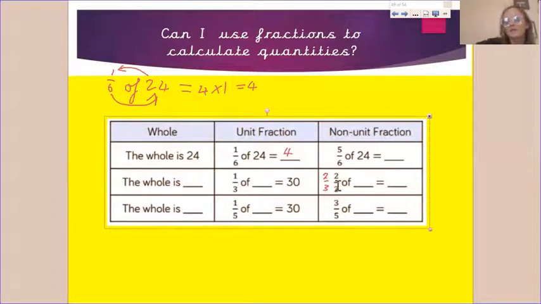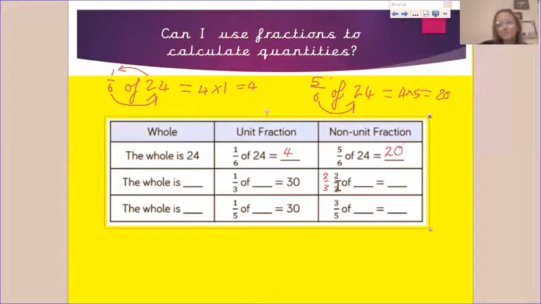Now 5/6 of 24, we could go 24 divided by 6, which we know is 4, and then we can times that by 5, which would be 4 times 5 is equal to 20. Okay, so you could do it that way, or you could just take the number that you've already worked out here and times it by 5. Either way, your answer is 20.